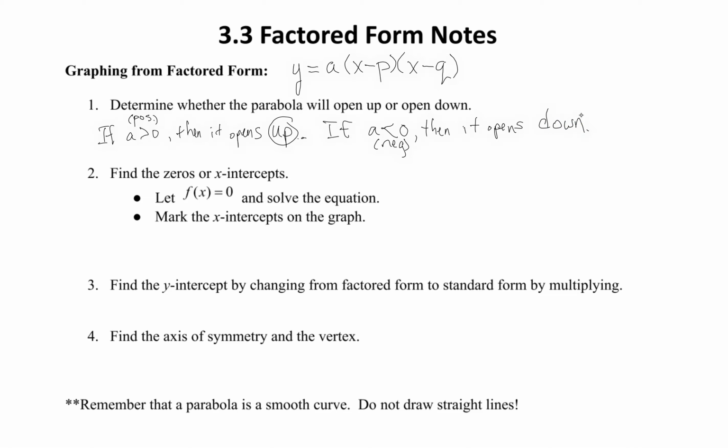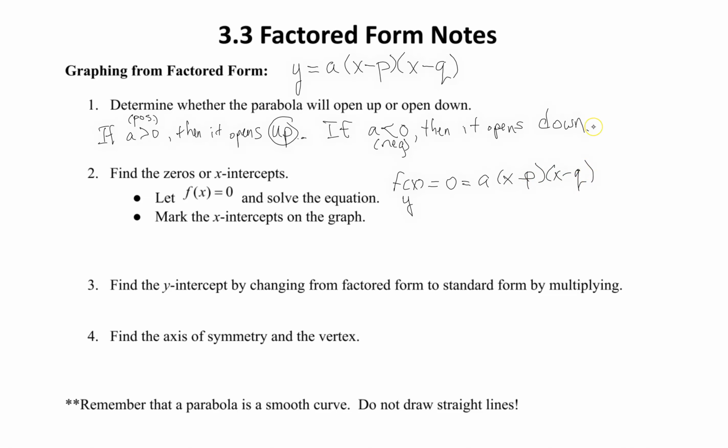Next we want to find the zeros, or the x-intercepts. Let f of x equal 0 and solve the equation. Remember that f of x is just another way of saying y, and they can be used interchangeably. So we set this equal to 0, which gives a times (x minus p) times (x minus q).